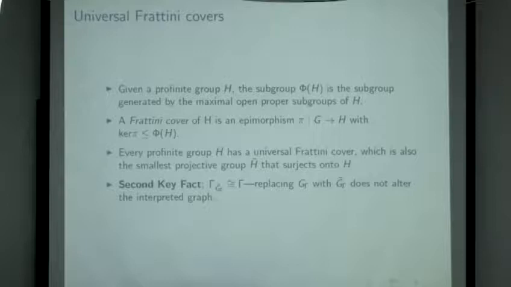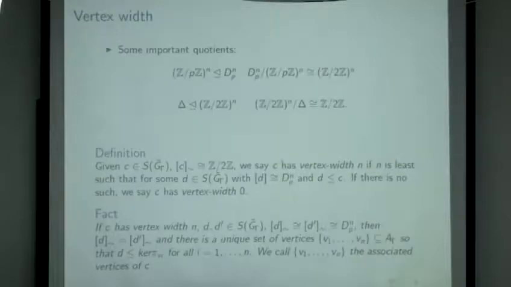Okay, now I want to talk about how the analysis of these inverse systems of universal Frattini covers of G gamma goes. We want to understand certain important quotients of this group. Notice, for example, if I take n copies of D_p, so D_p to the n, there's a copy of Z mod pZ to the n sitting inside. This is generated by the betas in each copy.